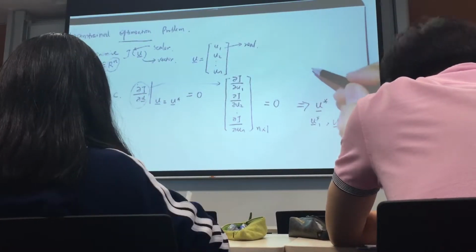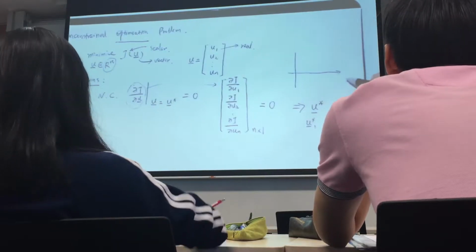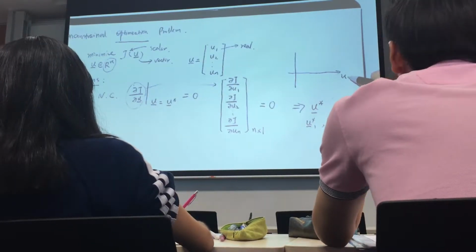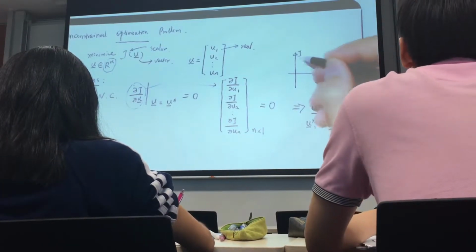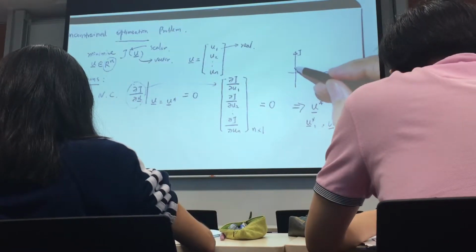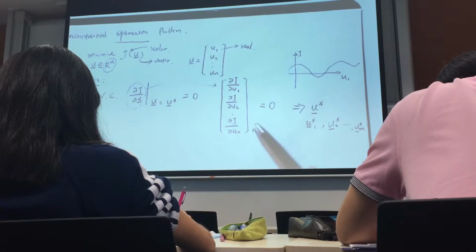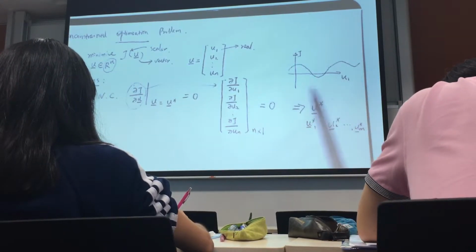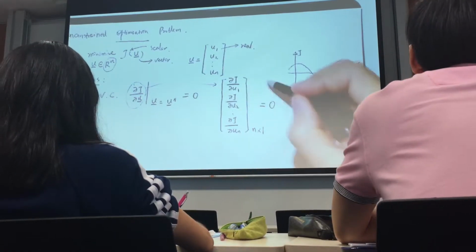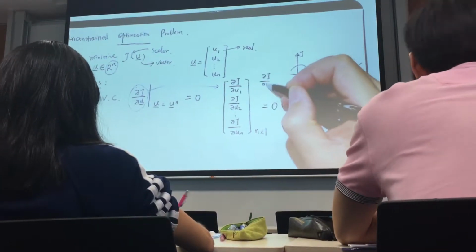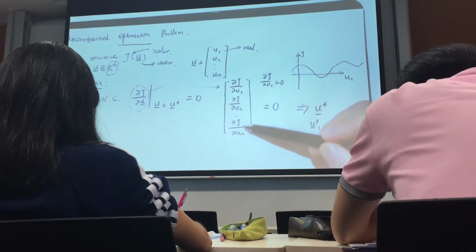Just think about the one-dimensional space. If, for example, you just have one scalar input, just u1, and here you have a cost function, assume the cost function in this form. In this one-dimensional form, you only have one equation, dJ/du1 equal to 0, because you don't have u2 and un.